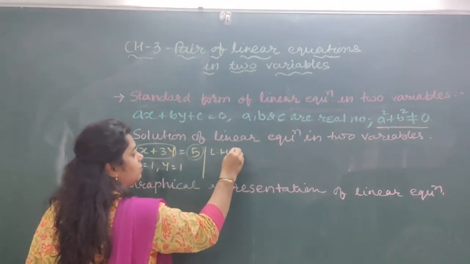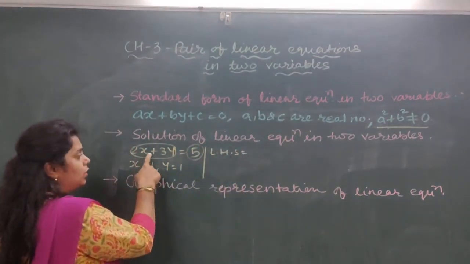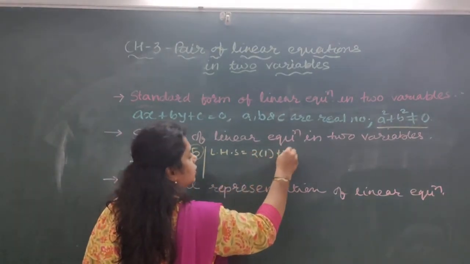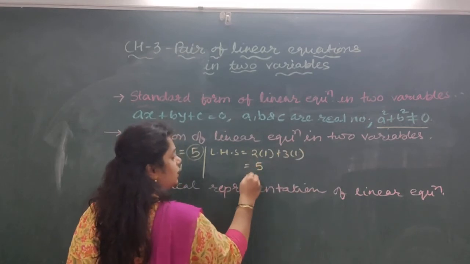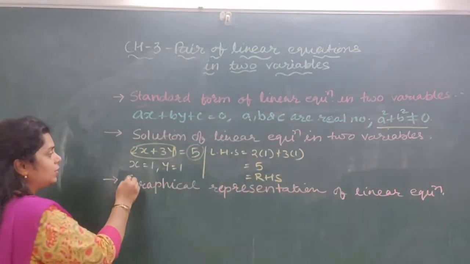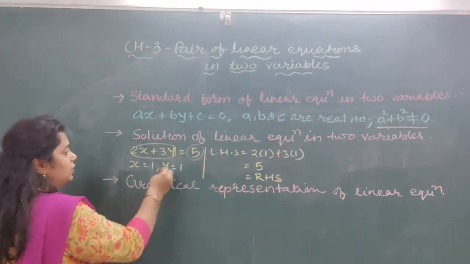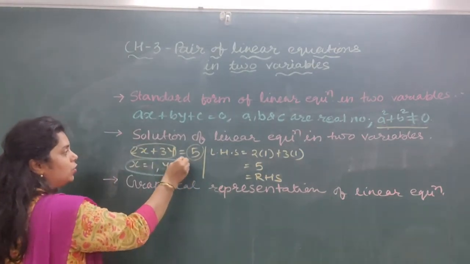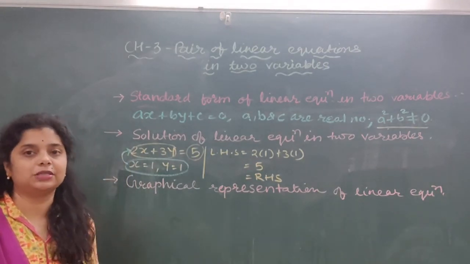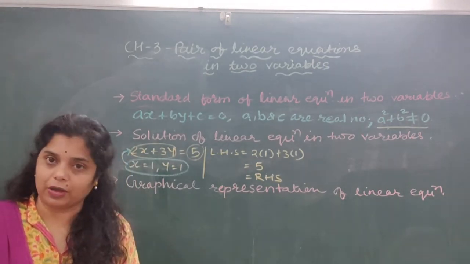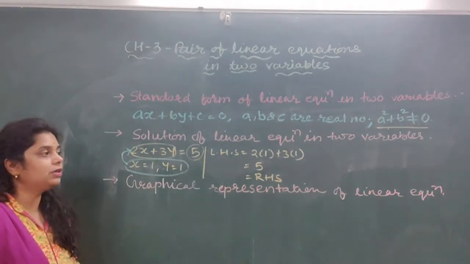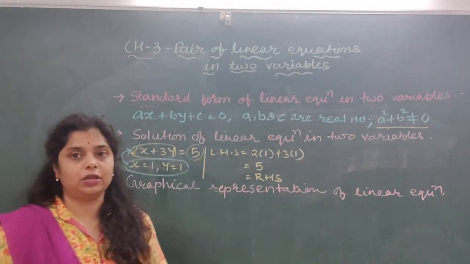So LHS, by putting x is equal to 1 and y is equal to 1, should I get 5? Yes. So it is equal to RHS. So we can say that x is equal to 1 and y is equal to 1 is the solution for the given linear equation 2x plus 3y is equal to 5. Remember this? Okay.